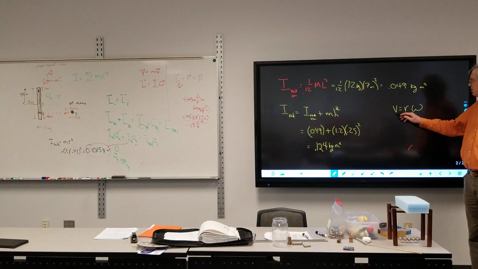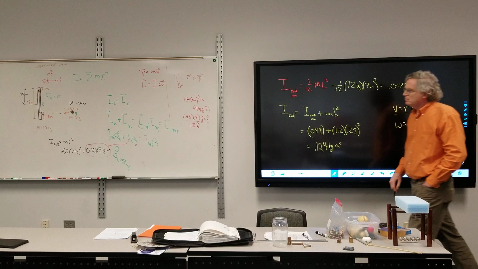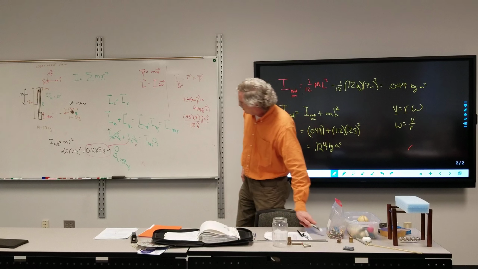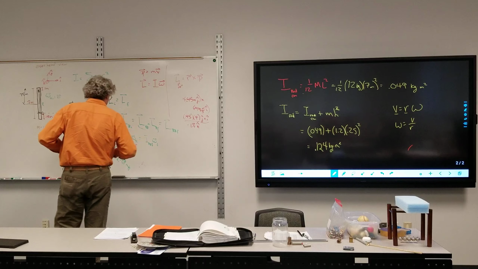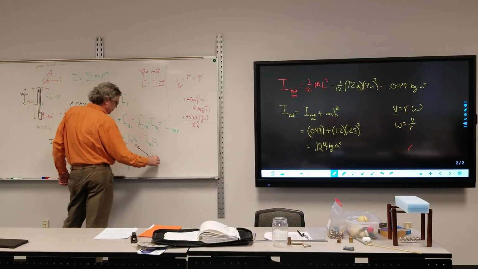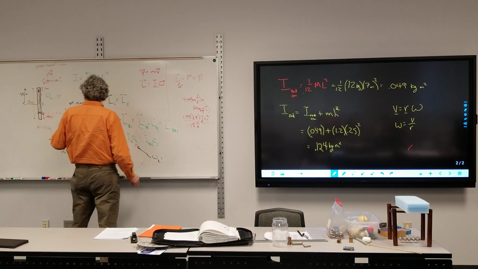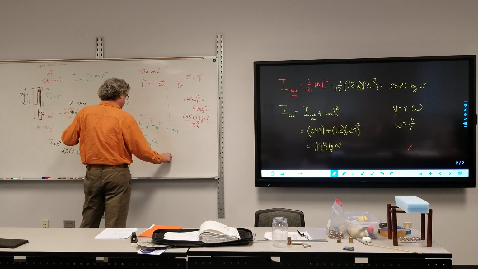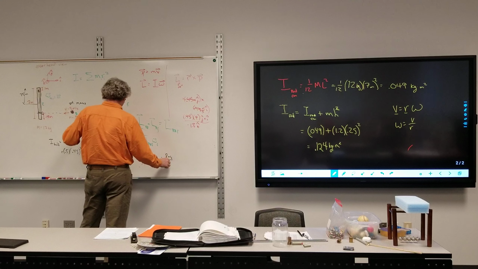I know r, I know v, so omega is v over r. So the magnitude, omega initial, is going to be my speed, 8 meters per second, divided by r, which is 0.45 meters.